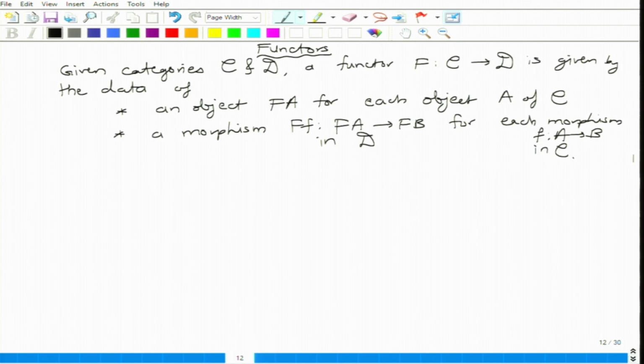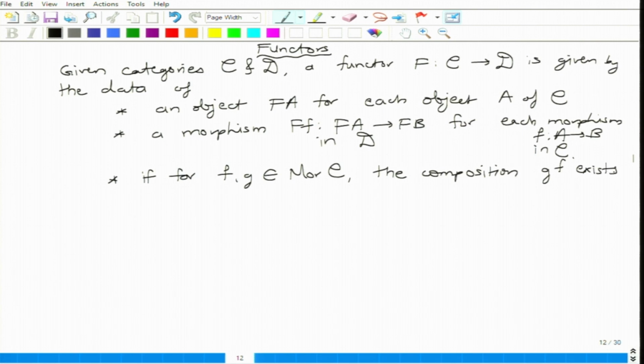And composition: whenever, for f and g in mor C, the composition gf exists. I will sometimes write a circle between them, sometimes I won't.